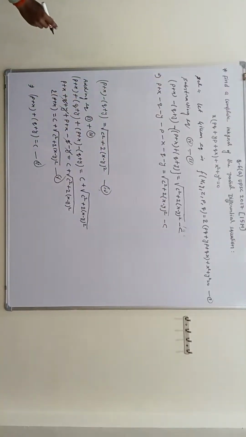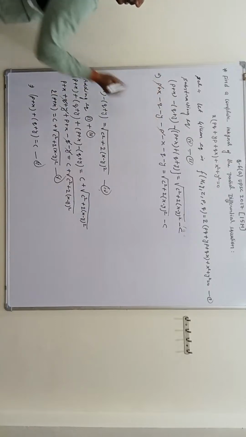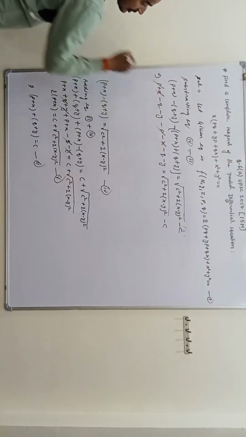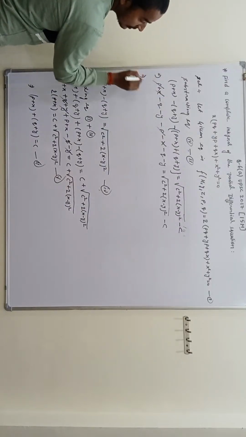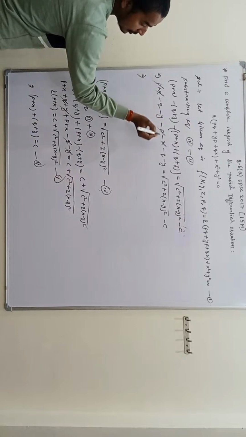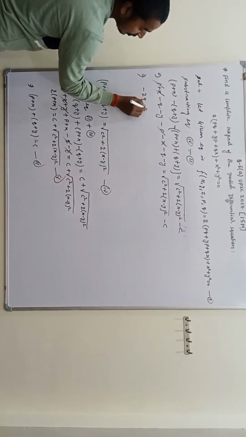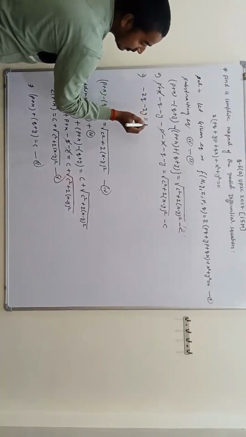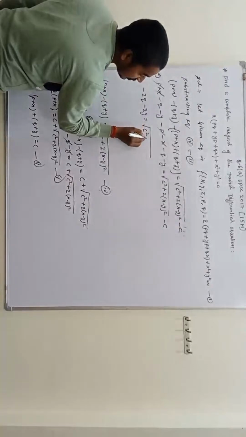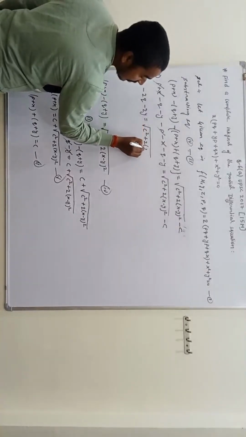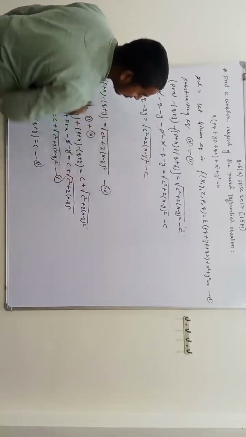From here that is minus of p and plus of p is cancelled out, and minus of x and plus of x is cancelled out. Then the remaining is minus 2q and minus 2y is equal to under root of c square plus 2x minus y whole square minus of c.